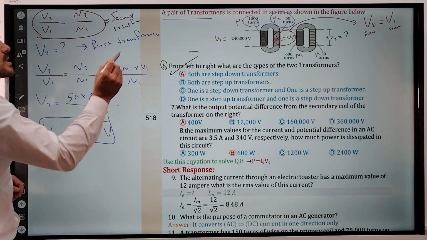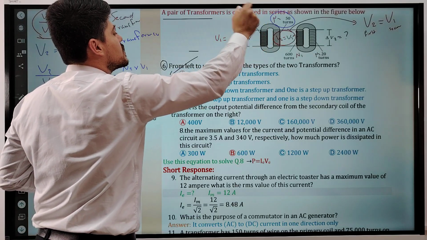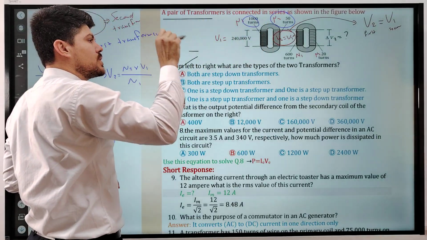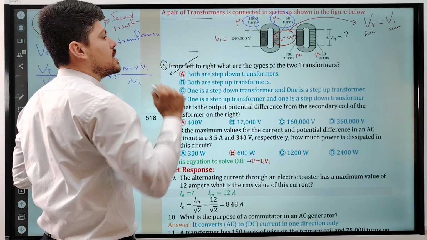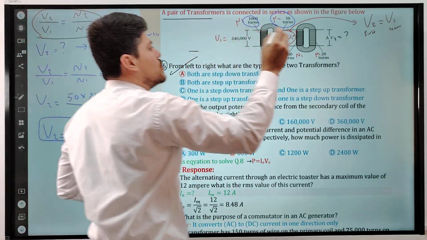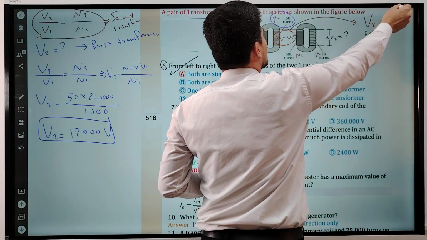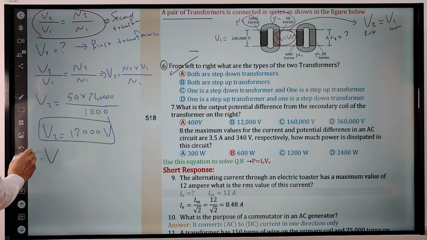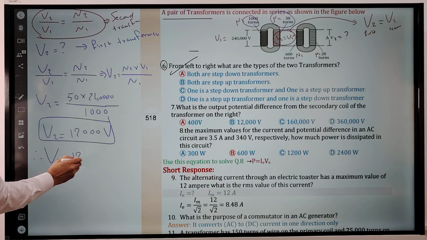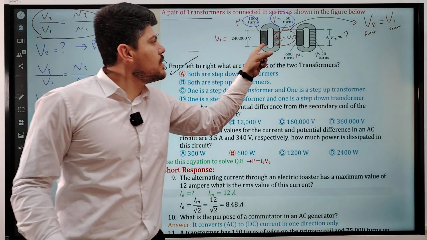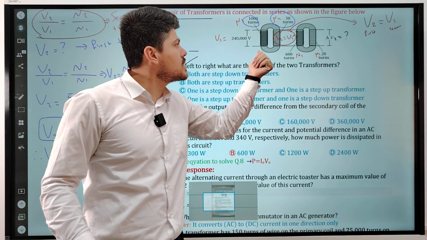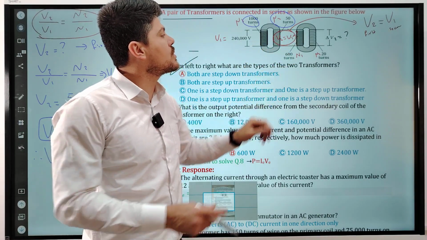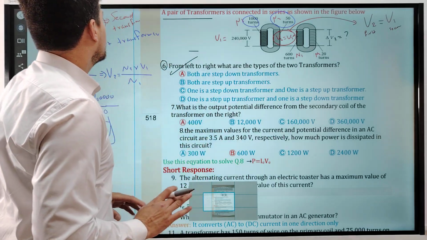What is this? This is V2 of the first transformer, the output potential difference for the first transformer, which is equal to the input V1 of the second. So V1 is also 12,000 volts. Why? Because the output potential difference for the first transformer becomes the input potential difference for the second transformer.